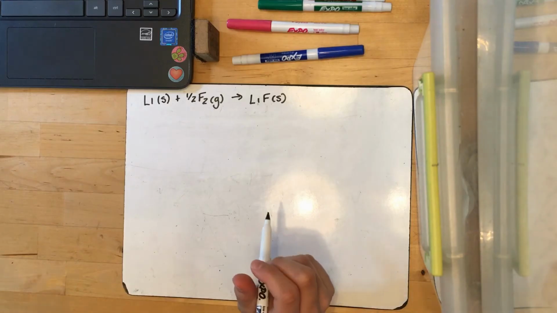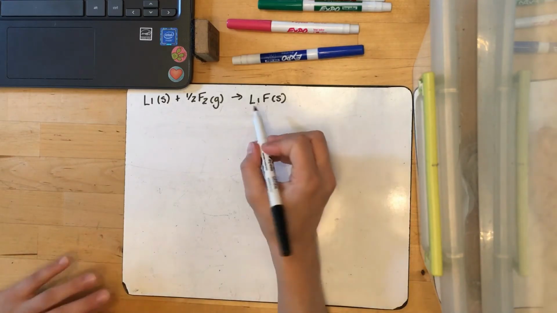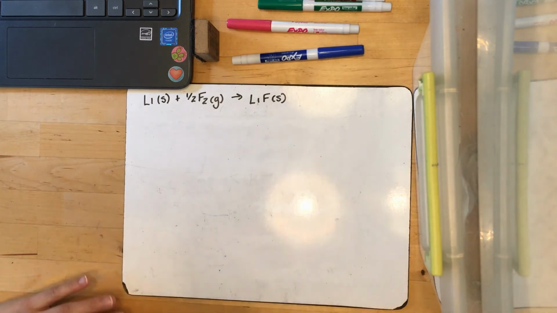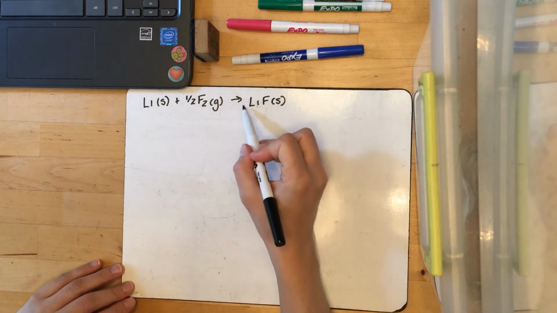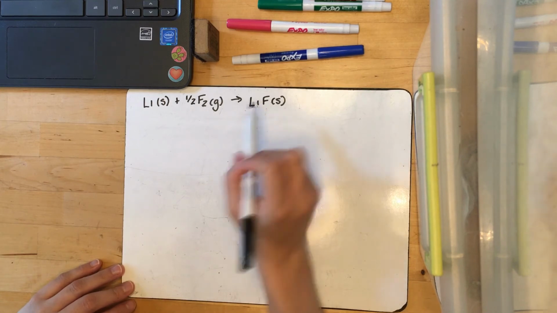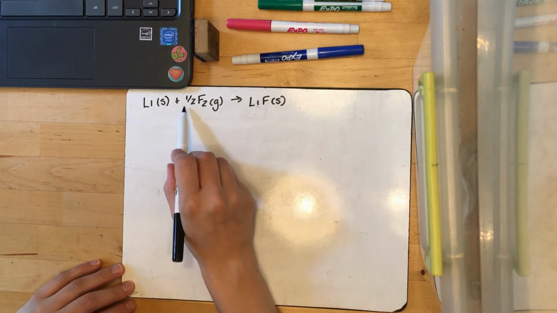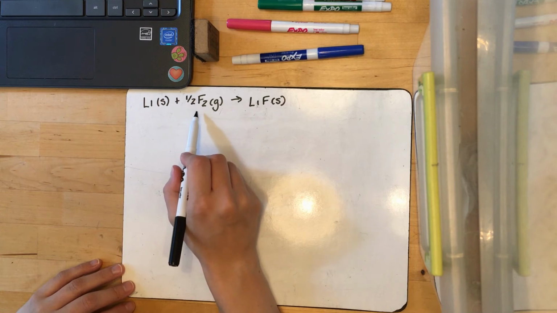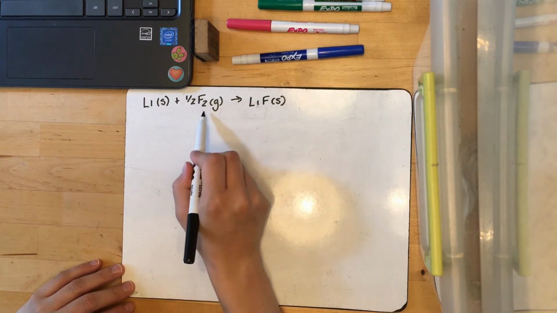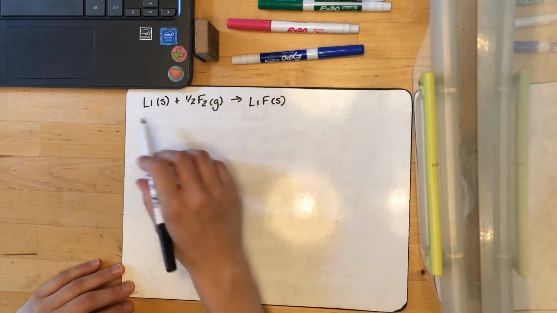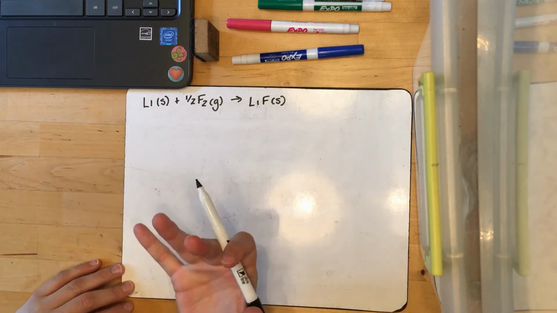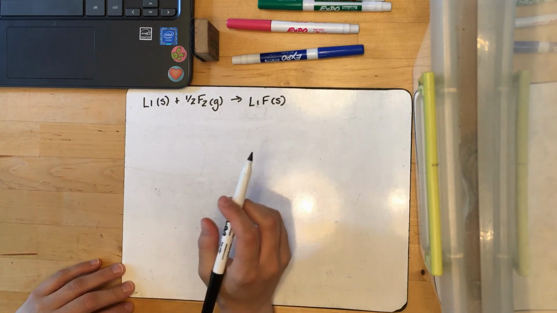In this example, we want to find the lattice energy of lithium fluoride. Typically in this type of problem, we want to find the energy for 1 mole. You might see a half in front of one of your reactants because we need to get that down to 1 fluorine. We'll go through what we do with that on the calculation side.